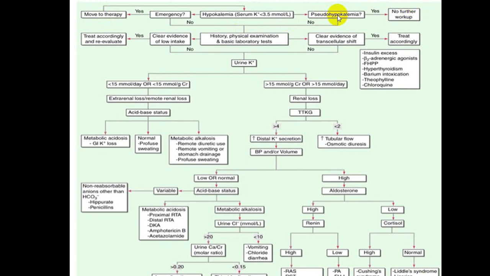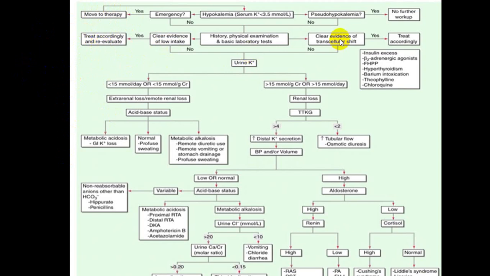If there is no pseudo hypokalemia and no emergency, then we go for urinary potassium. If there is clear-cut evidence of low intake, then you treat accordingly, which means you replenish orally, and reevaluate again.